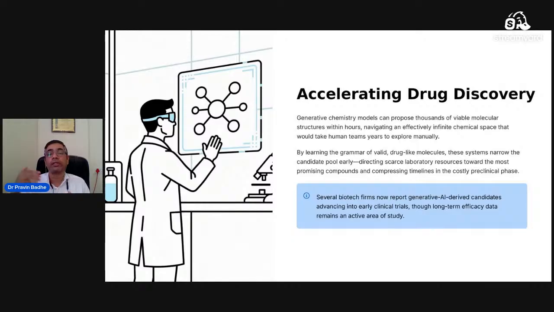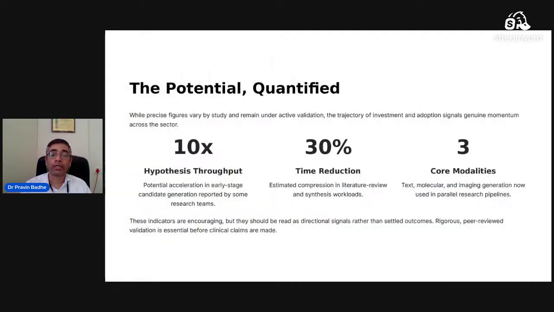But definitely, you need to look into the chemical space and understand whether this molecule can actually give the effect of a drug-like molecule, and whether it can be narrowed down so that poor candidates can be removed before moving into the wet lab. And there are several companies, as I said earlier, which have used generative AI drug candidates and are now in the early stage of clinical trials.